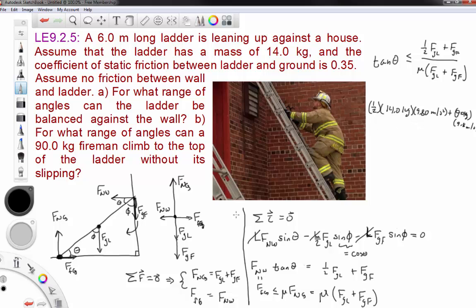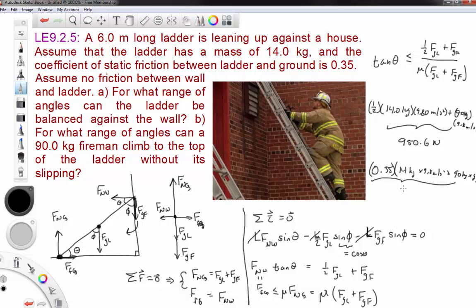So our numerator is going to be given by 950.6 newtons, and the denominator is going to be given by mu is 0.35, and that's going to be times 14 kilograms by 9.8 meters per second squared plus 90 kilograms times the same.